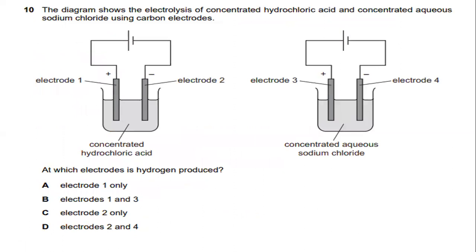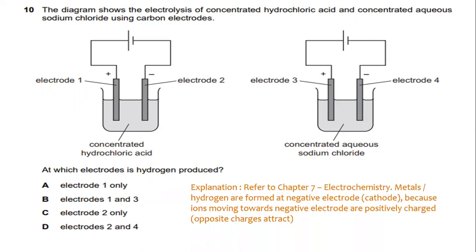The diagram shows the electrolysis of concentrated hydrochloric acid and concentrated aqueous sodium chloride using carbon electrodes. At which electrode is hydrogen produced? Refer to chapter 7, Electrochemistry, under the title metals or hydrogen are formed at the negative electrode. Remember, hydrogen or metal is formed at the negative electrode, which is the cathode.